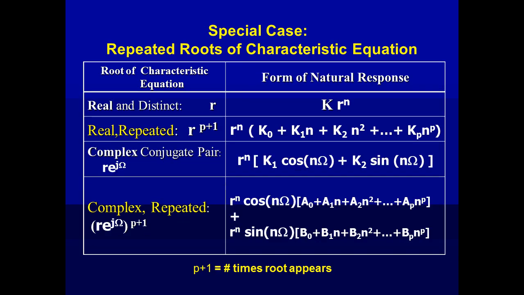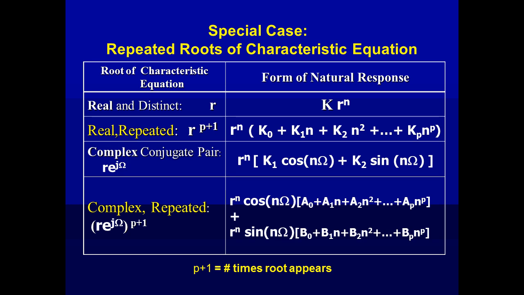Okay, the other table that we use to change the roots of the characteristic equation into natural response terms, we do have special rows to handle these cases where you have repeated roots. If you have a singular root with an exponential, it's a k r to the n term. But if it appears p plus 1 times, then we have to have not just some k out in front, but some power of n in front.